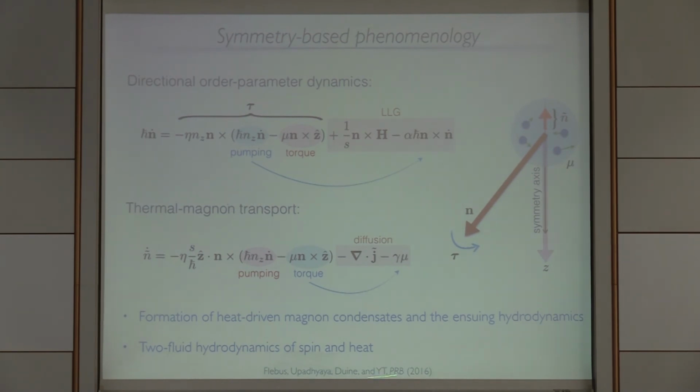And then ultimately that leads to two-fluid hydrodynamics of spin and heat, with some similarity to the two-fluid hydrodynamics in superfluid helium-4 or 3. I will just briefly touch upon this issue. But let me focus on cranking up mu by applying heat current through the system.